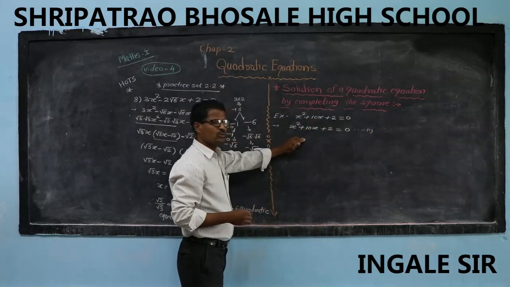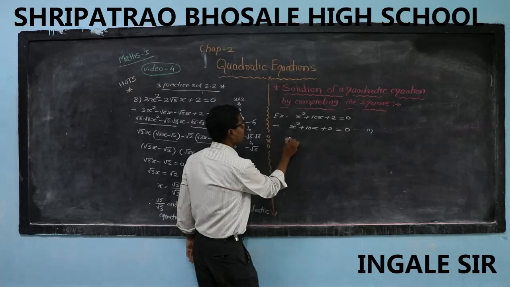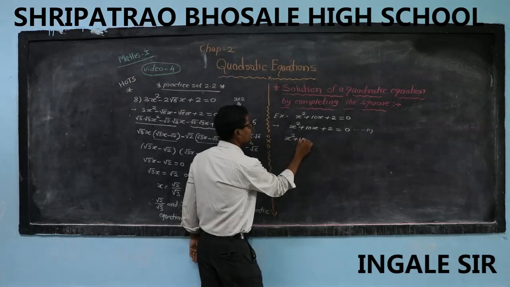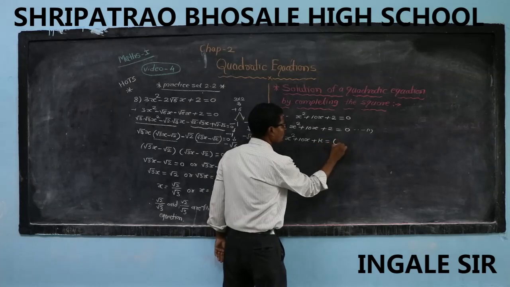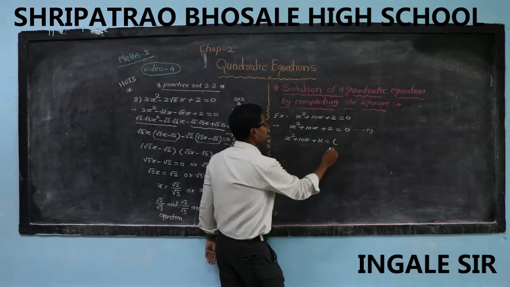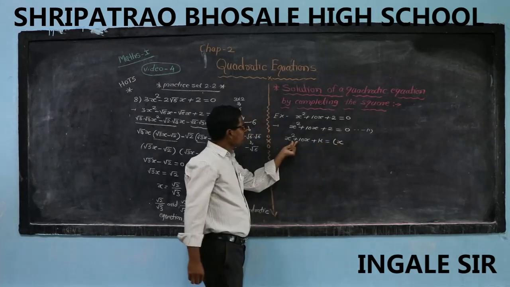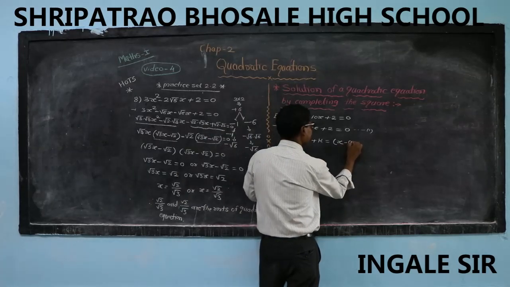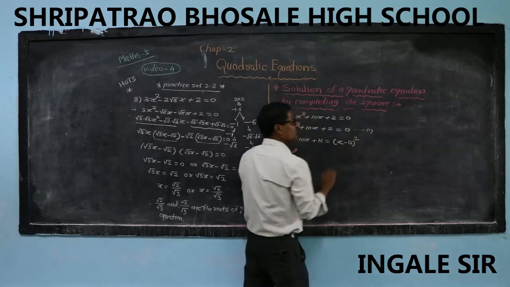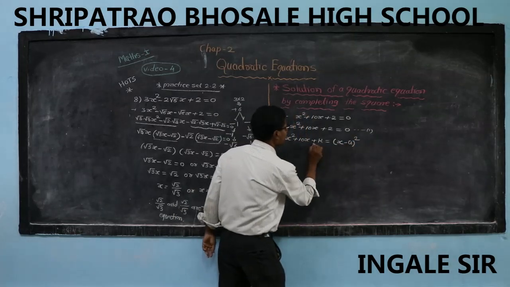Now we convert it in this way: x² + 10x + k = (x − a)². The middle term is positive, so take the minus sign inside the bracket, and take the bracket squared. We have to take these two conversions.